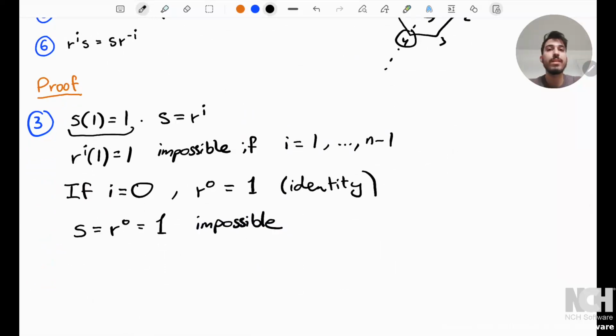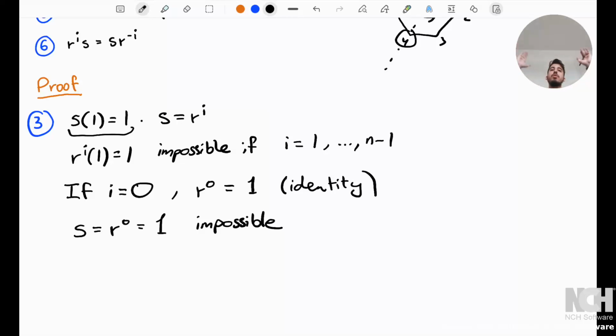So no matter what i is between 0 and n minus 1, it is impossible. And that is all we need to show, because if i is n or greater than n or less than 0, that is just equivalent to going back to the same repeated rotations again and again.